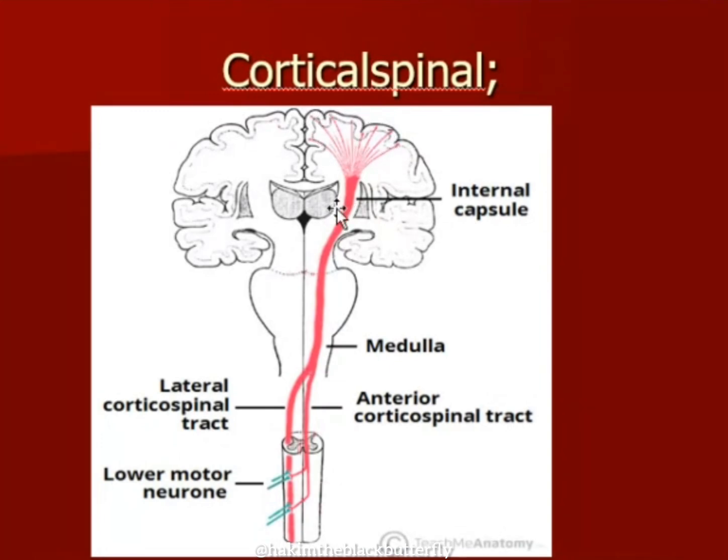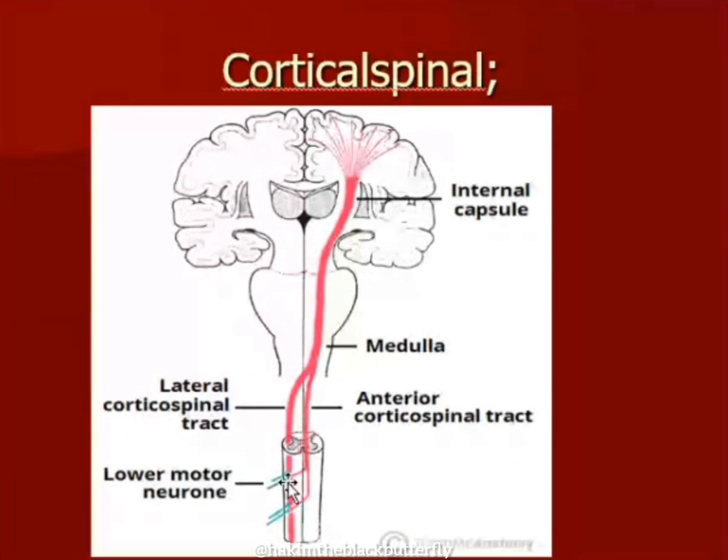Their axons move down and then they reach the spinal cord. That is why they call them corticospinal. And when they reach the spinal cord, that is when they synapse with lower motor neurons, which pick those impulses from them and transmit them to the muscles of the body. So this is what we call the corticospinal tract.